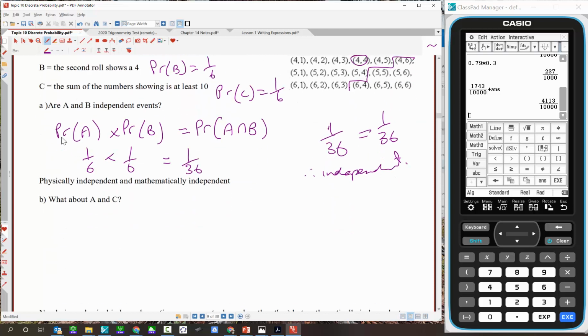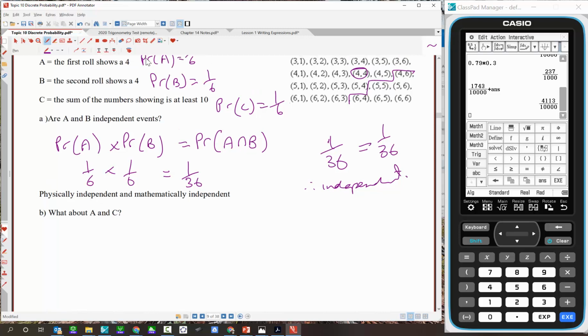All right, so this one here is first roll shows a 4, and the sum of the numbers showing is at least 10. Okay, now do you think that the first roll showing a 4 has some impact on the sum of the numbers showing being at least 10? If I asked, would you be interested in knowing whether the first roll is a 4 or not?